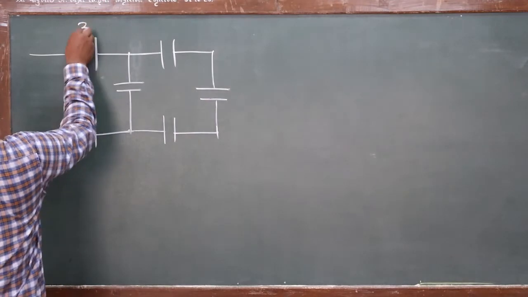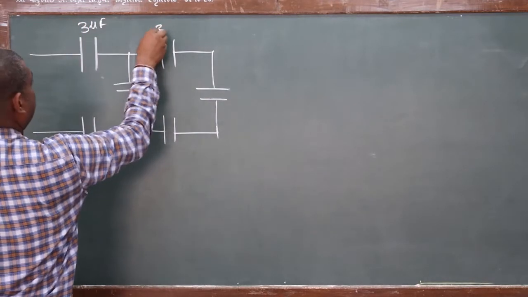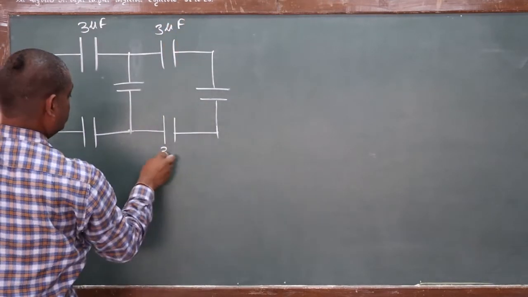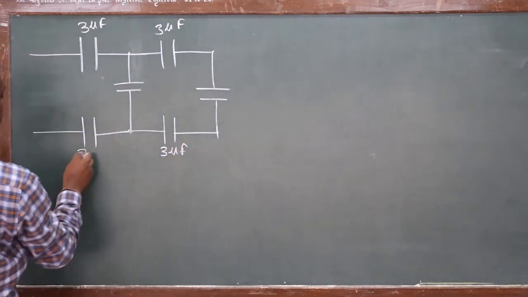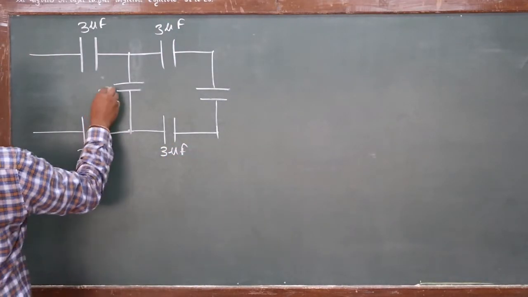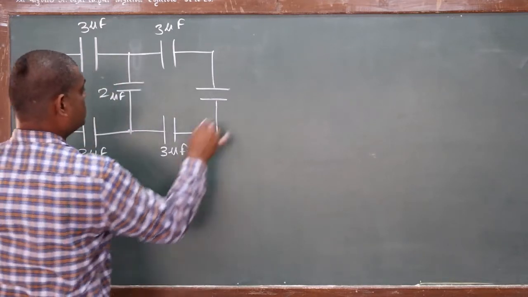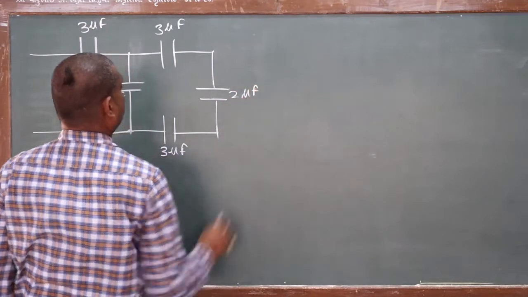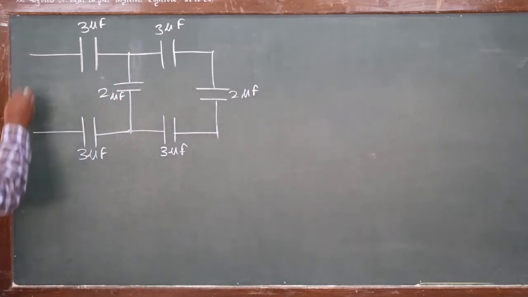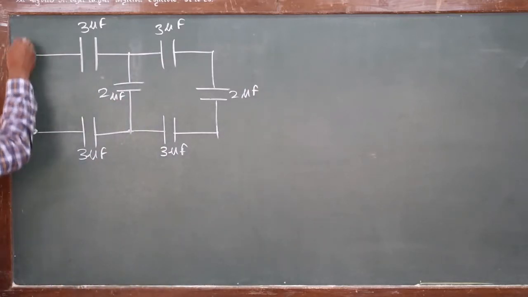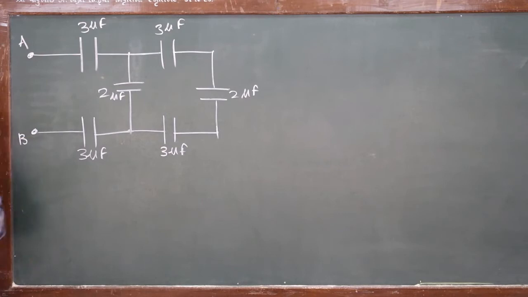It is of 3 microfarad, 3 microfarad, 3 microfarad, 3 microfarad, it is of 2 microfarad, and it is also 2 microfarad. Find the equivalent capacitance between A and B.